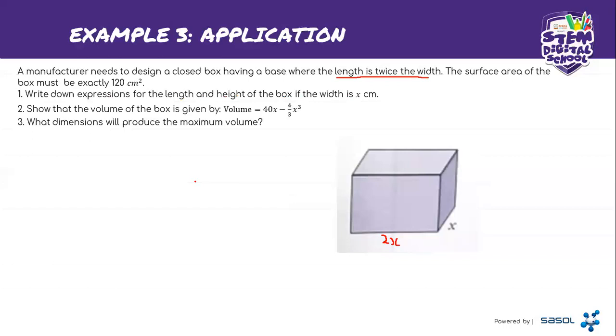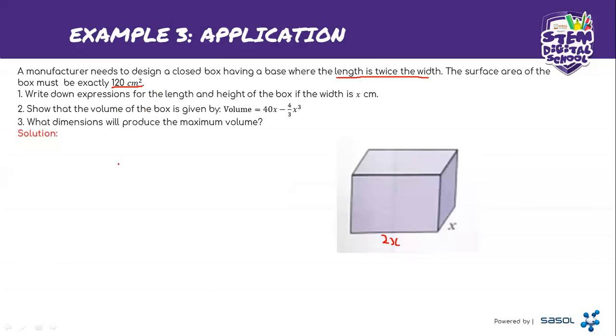What are we having from the scenario? We are having the surface area, which is 120 centimeters squared. So once you start answering the first question, you write the surface area formula, and then you substitute everything and answer what the question needs us to solve.